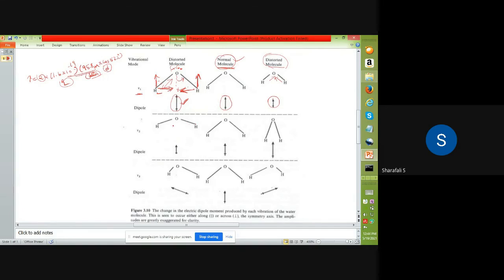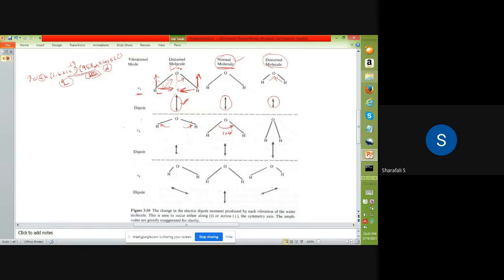Similarly, if you consider bending, this is the angle of around 104 degrees. This is the normal molecule, and with the bending, this hydrogen moves away, and then this hydrogen also moves away from oxygen symmetrically.